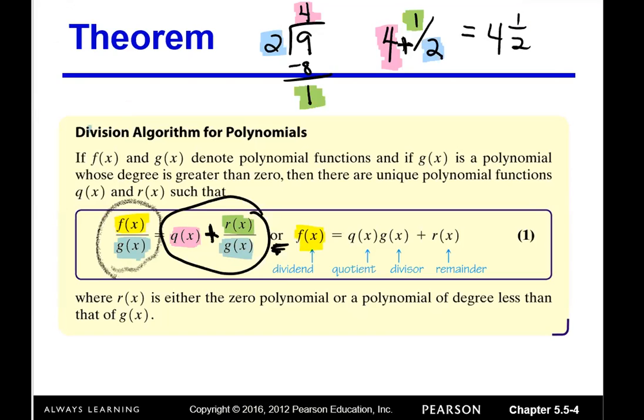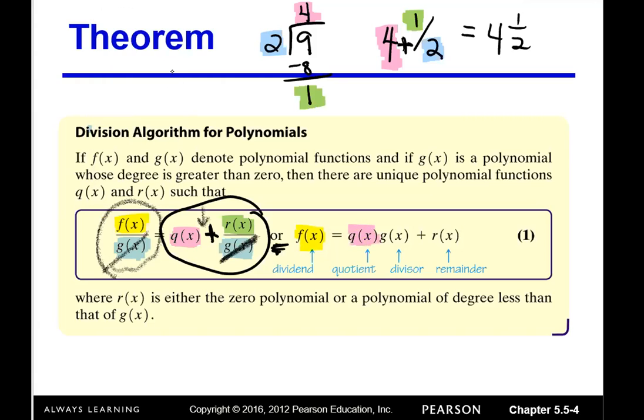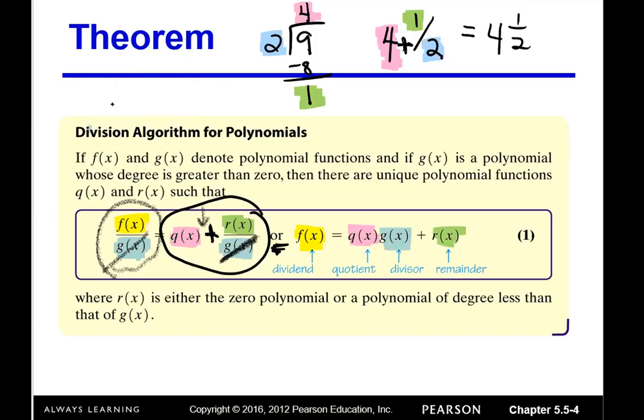So if you multiplied both sides by g of x, by the blue stuff, it cancels out on the left, but then it shows up right here, because what you do to one side, you got to do the other. And then it also cancels out there. So when I look at this, I don't know if color's making any sense or not. There's the pink. Then I bring in the blue, and then you still have the remainder over there. They're actually equivalent to each other.